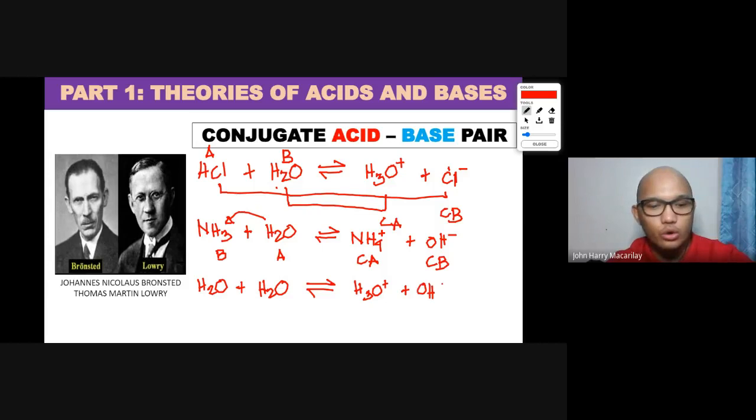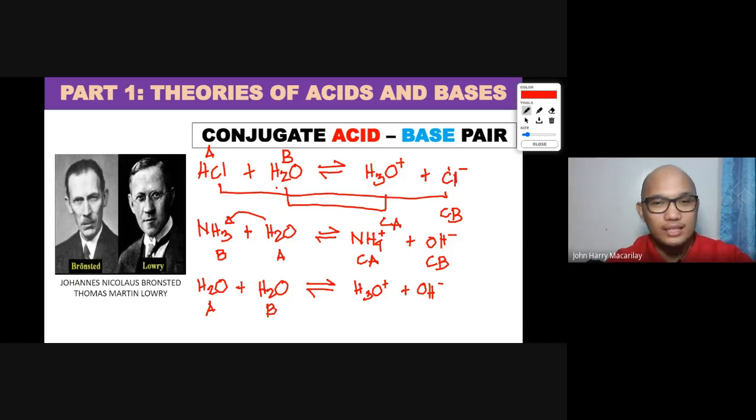This is called your autoprotolysis or protolysis, wherein there's an automatic transfer of proton from one water molecule. So let's say here, this is the acid water molecule, and then this is the base water molecule.